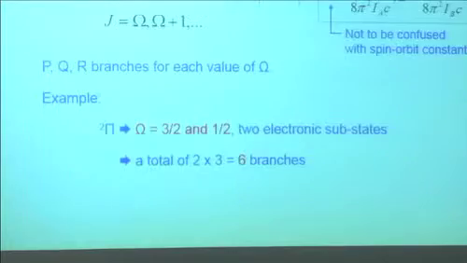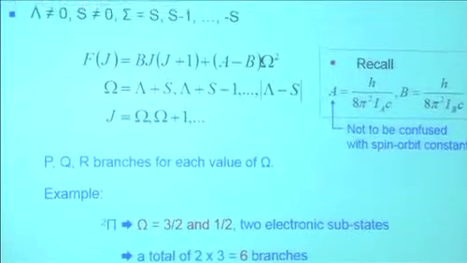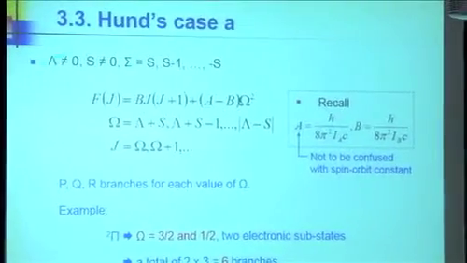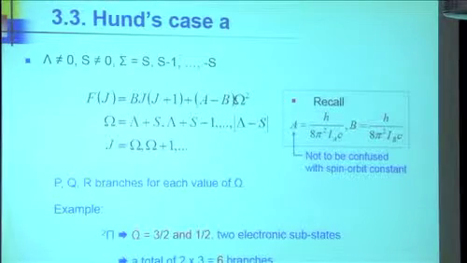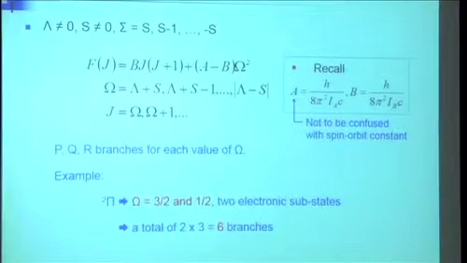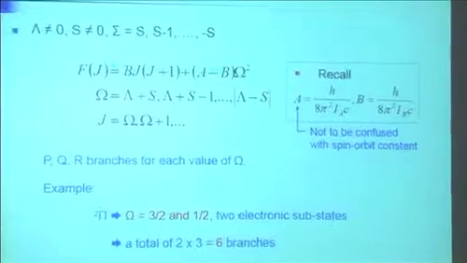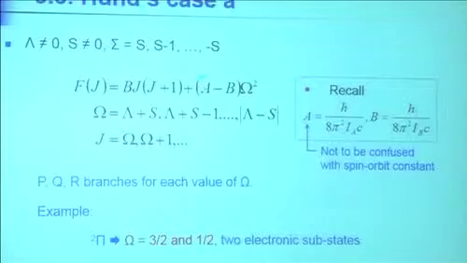So now we've got to consider the case where S is, now we're going to Hund's case A. So in Hund's case A, both of these are non-zero. Since they're both defined, this is really another symmetric top molecule. So the rotational energy is B J(J plus 1) plus this constant correction term.